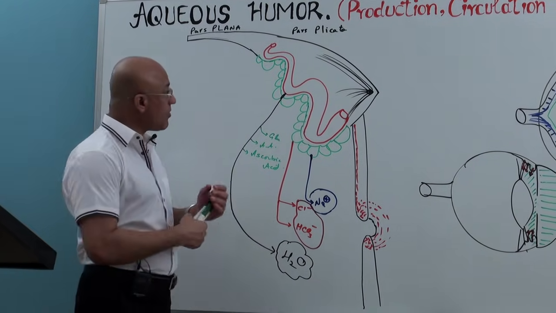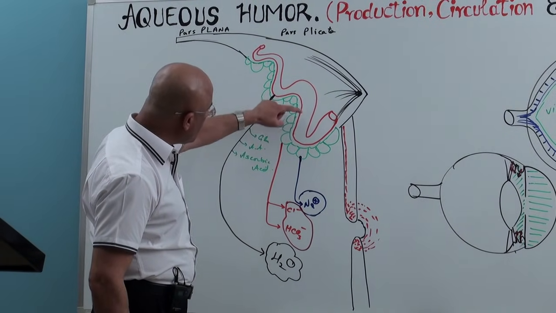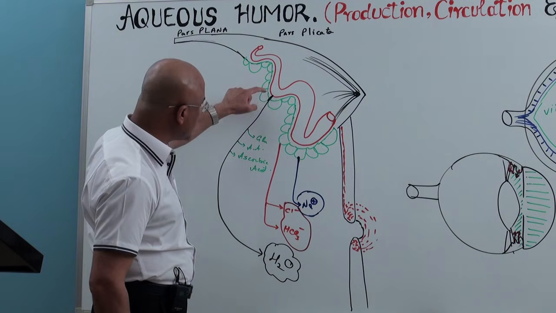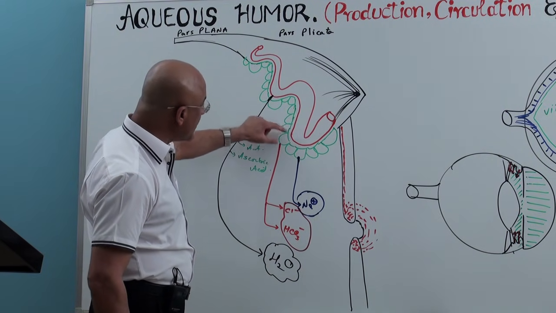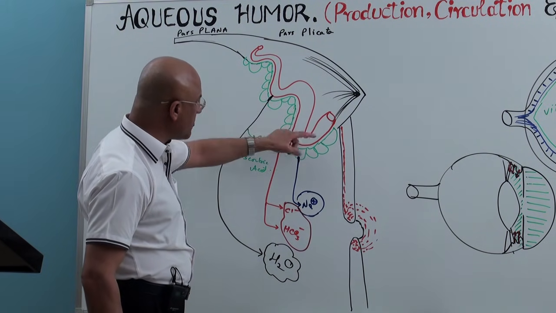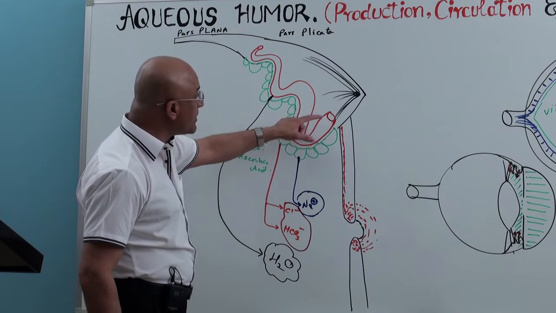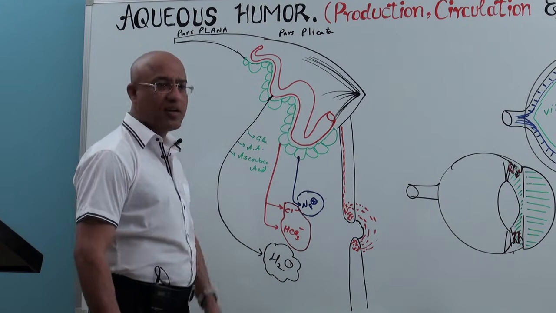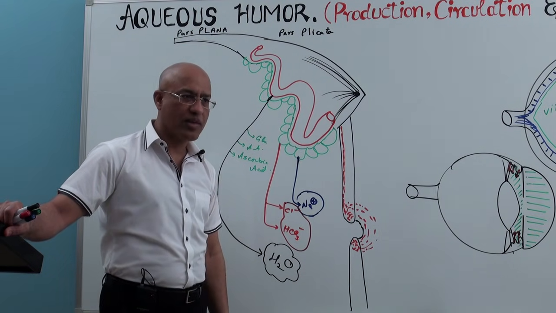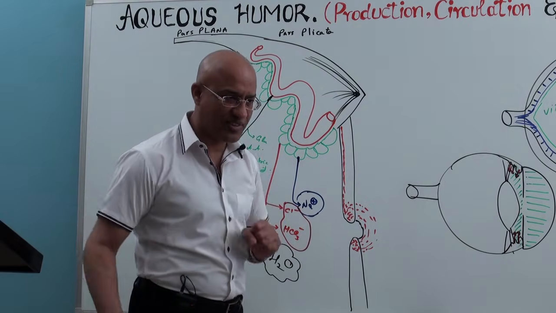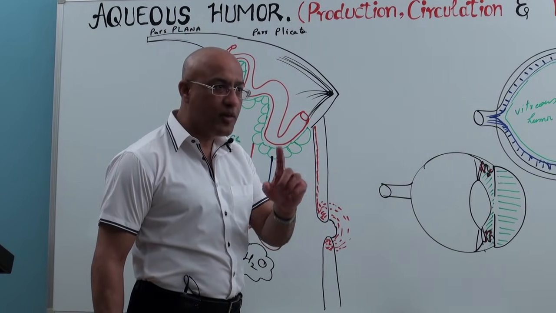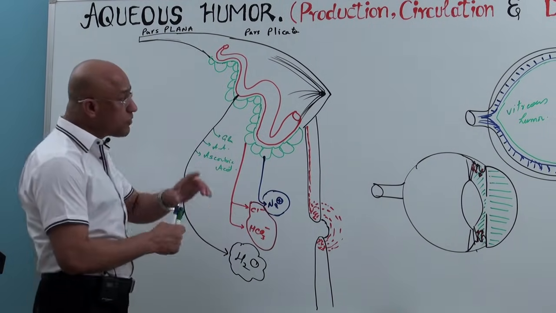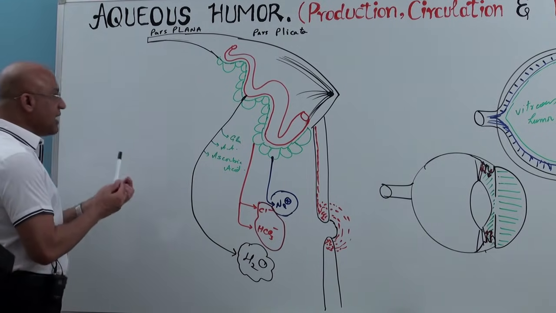Now, these finger-like projections over which there is epithelium secreting aqueous humor are called ciliary processes. Now you have to remember very clearly three terms.